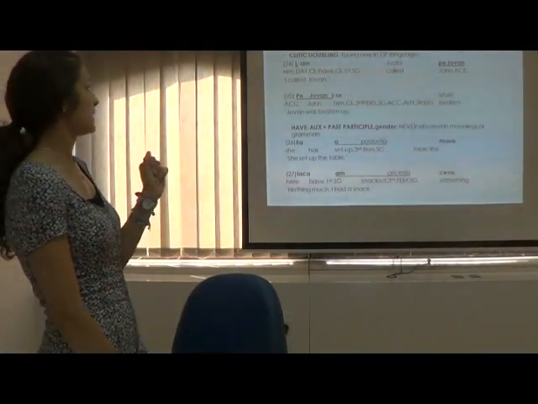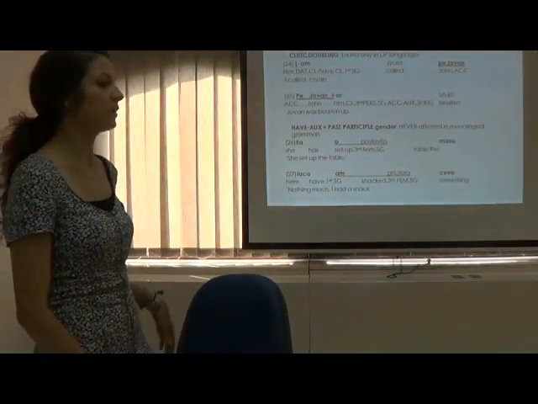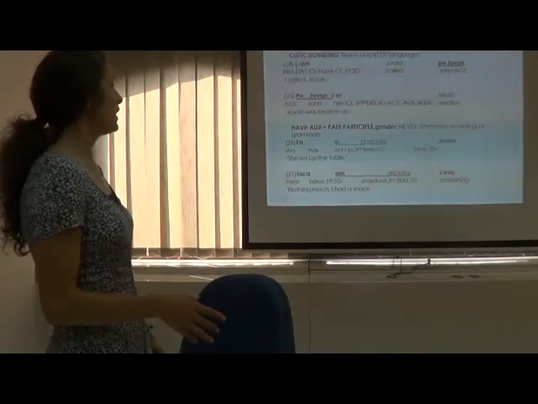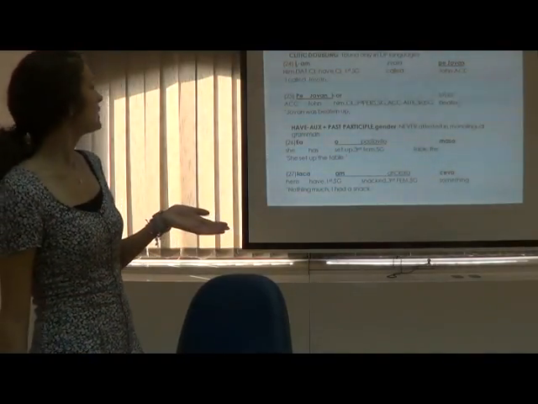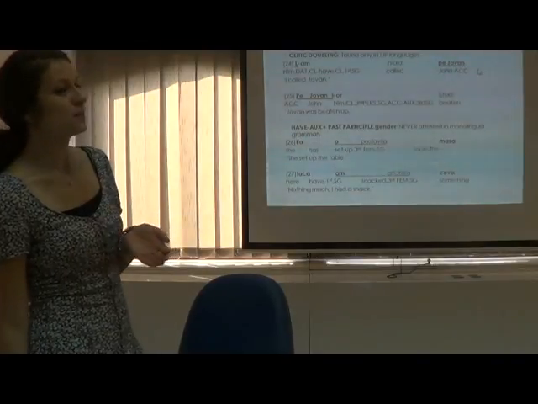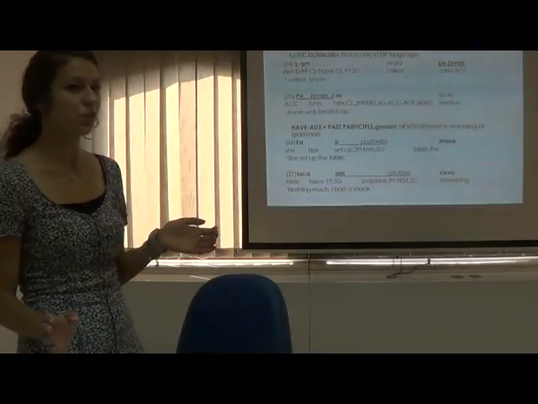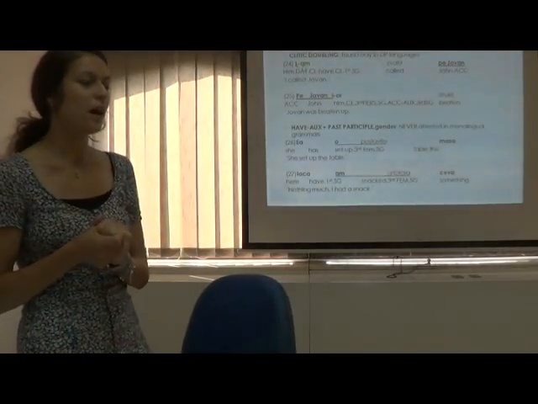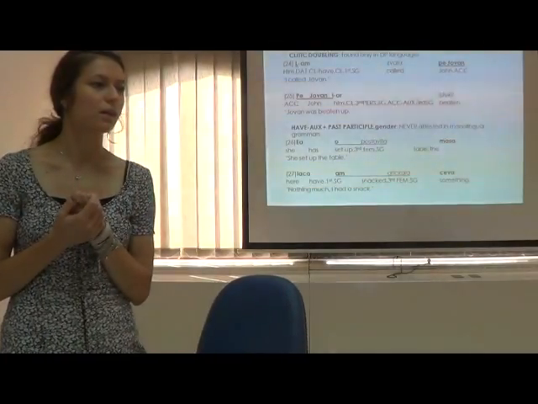Clitic doubling is a phenomenon found only in DP languages, in languages with articles. What it means is that you have the argument present, but you also have a clitic for that argument in the structure. And I think Jelena had some clitic doubling in her Timok Serbian.